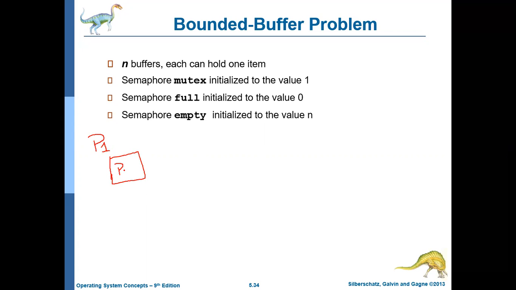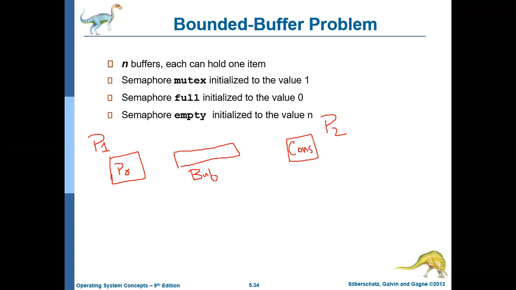It keeps on producing something. Another process P2 will act as a consumer. That is, whatever the process P1 produces, this process P2 will consume. And there will be a queue or a buffer, which is basically a queue of memory locations.